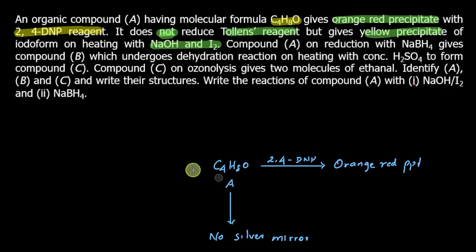When it is treated with NaOH and I2, it gives iodoform, CHI3.